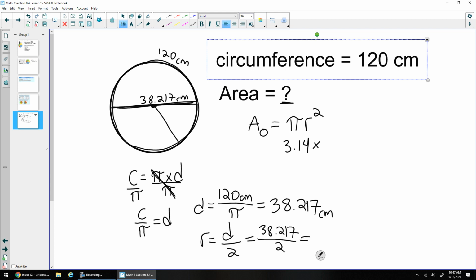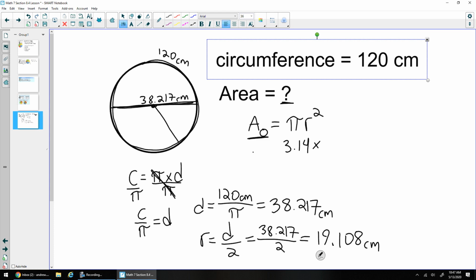I actually just kept the whole number without rounding in my calculator, but I get 19.108 centimeters is my radius.